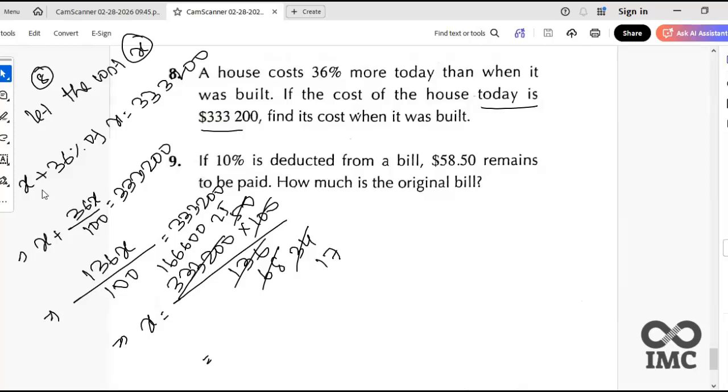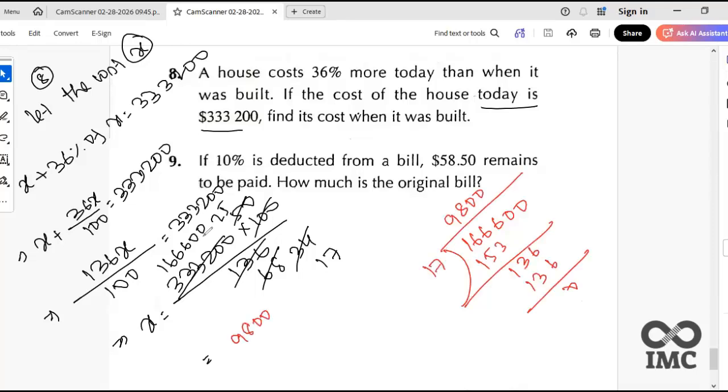We can write in this way. 166,600 by 17. After cancelling 1,66,600 by 17, we get 9,800 multiplied by 25. Now after multiplying 9800 by 25, we get 245000. This is our final answer.